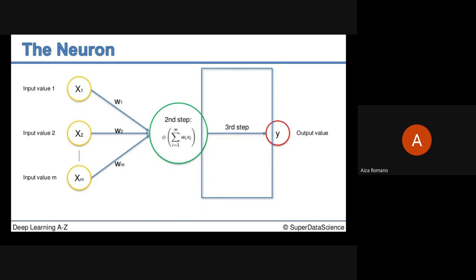Here, in step 3, the neuron passes on that signal to the next neuron down the line.